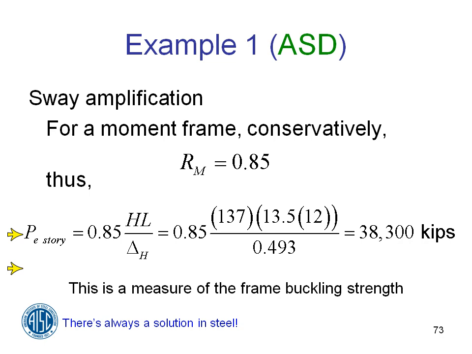Since it's a moment frame and we don't know anything about being gravity-only columns, we're going to use R_m of 0.85. So we have 0.85 times the horizontal force of 137 kips times the story height over the delta_H of 0.493 inches. We get P_e story of 38,300.